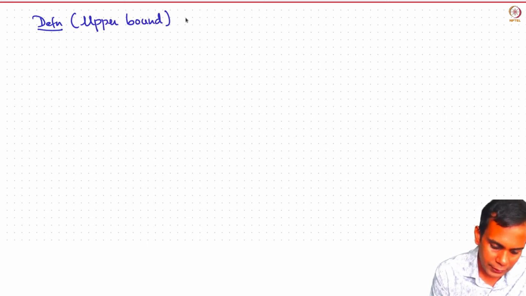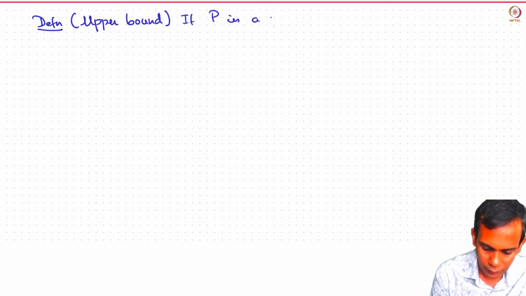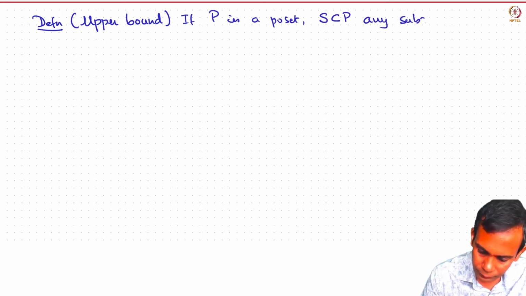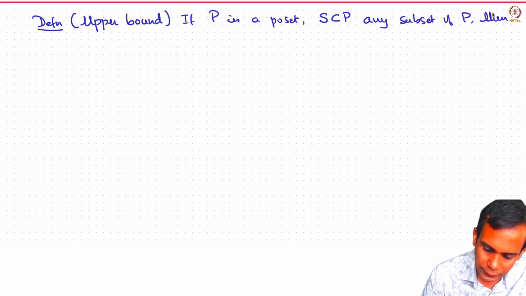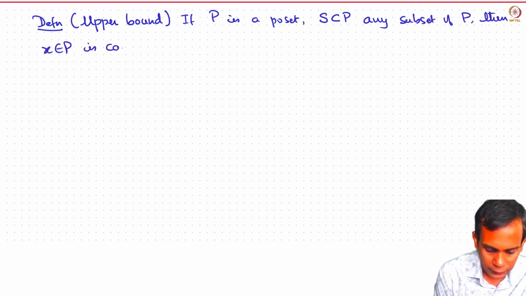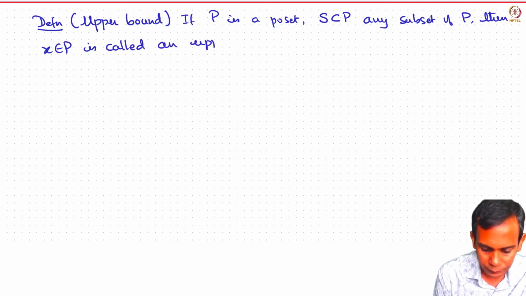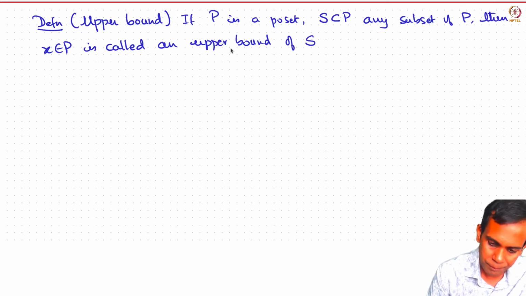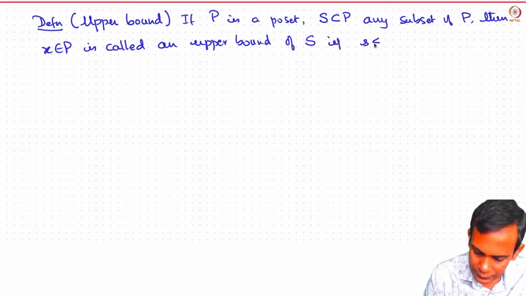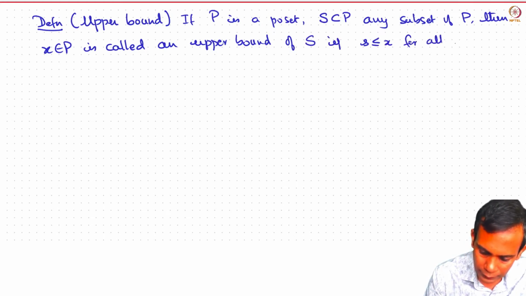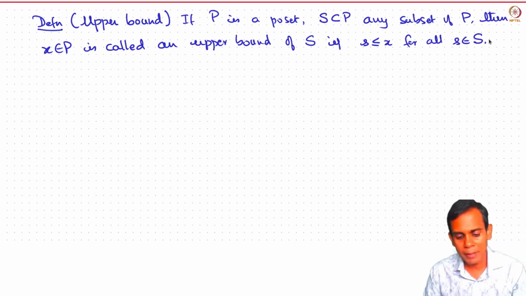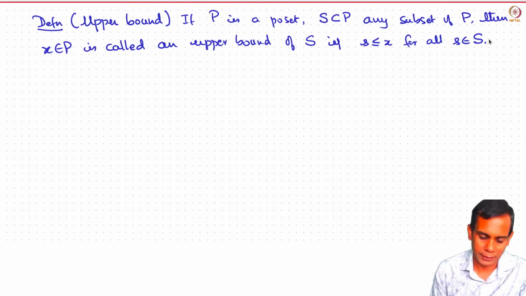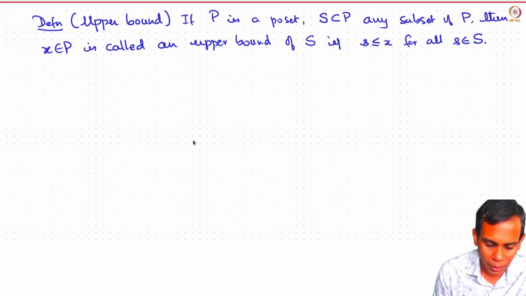So if P is a partially ordered set, and S is any subset of P, then an element x belonging to P is called an upper bound of S if s is less than or equal to x for all s in S. So this element x is an upper bound for S, means that it bounds every element of S. So that explains upper bound.